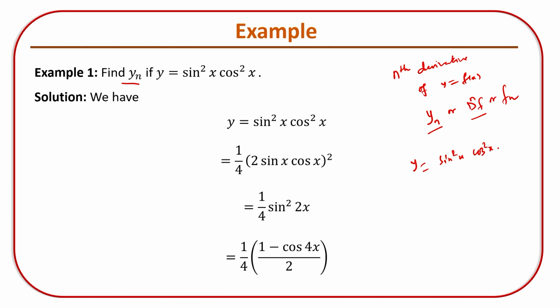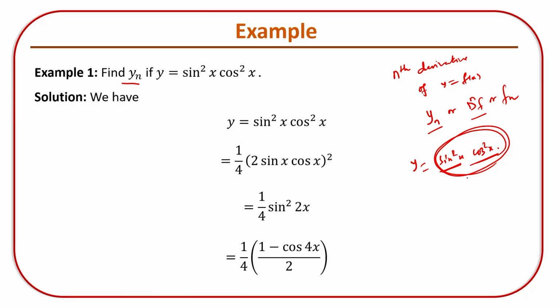Now, these problems have two trigonometrical functions in a product. We knew that we can convert these problems into a single type where there is no product. So, we try to convert sin square x into cos square x into some trigonometrical function where the product is absent.